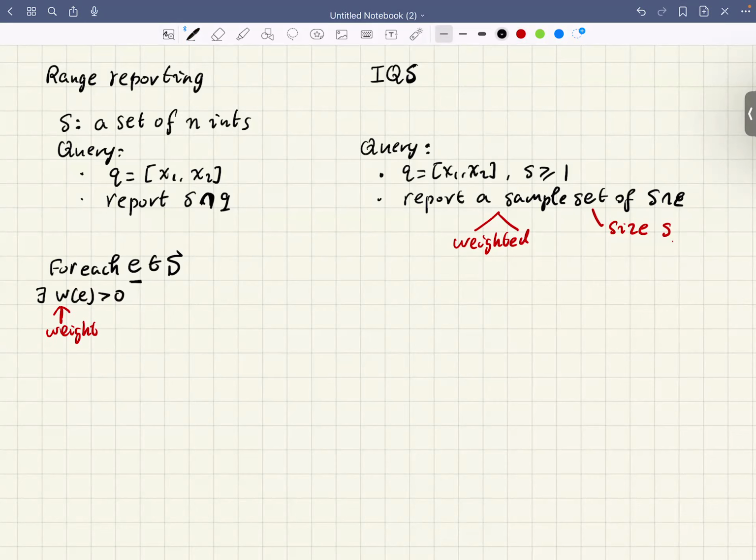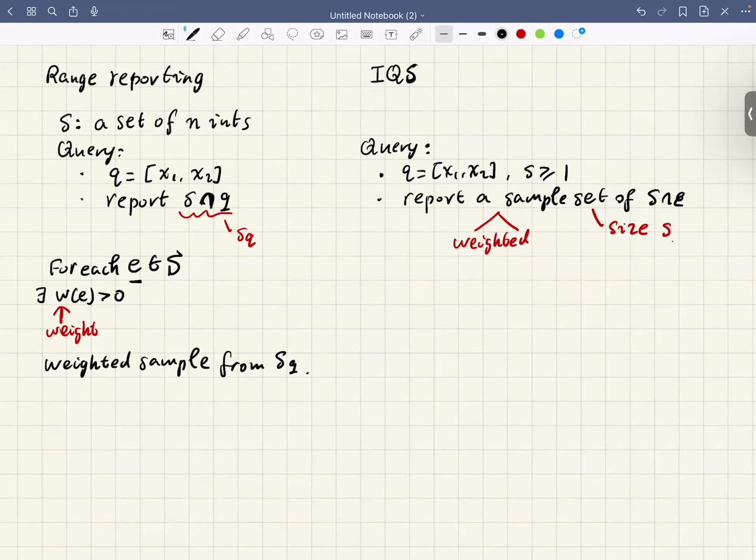So let's say this set here, let's call it S_Q. The subscript Q reminds you that this is an intersection. When we say we want to draw a weighted sample from S_Q, what do we mean by that?